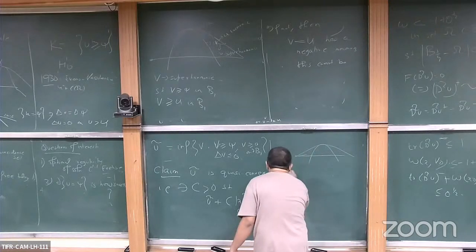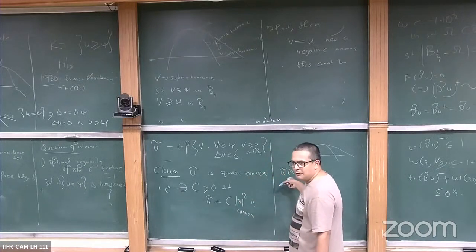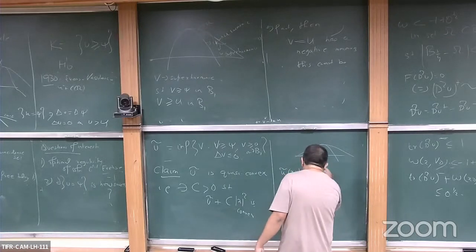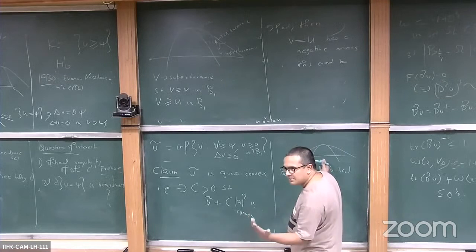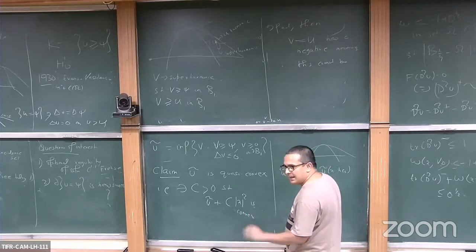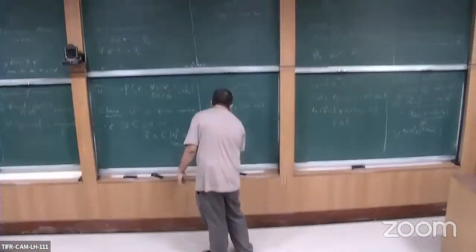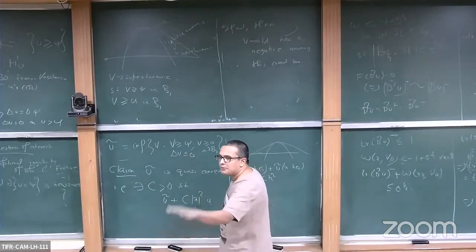So I look at U tilde of x plus h e_i. This has to be above psi of x plus h e_i. And then I look at U tilde of x minus h e_i. Again, this also has to be above psi of the same value. And then I add plus C times h squared. This C depends on the second derivatives of the obstacle psi.